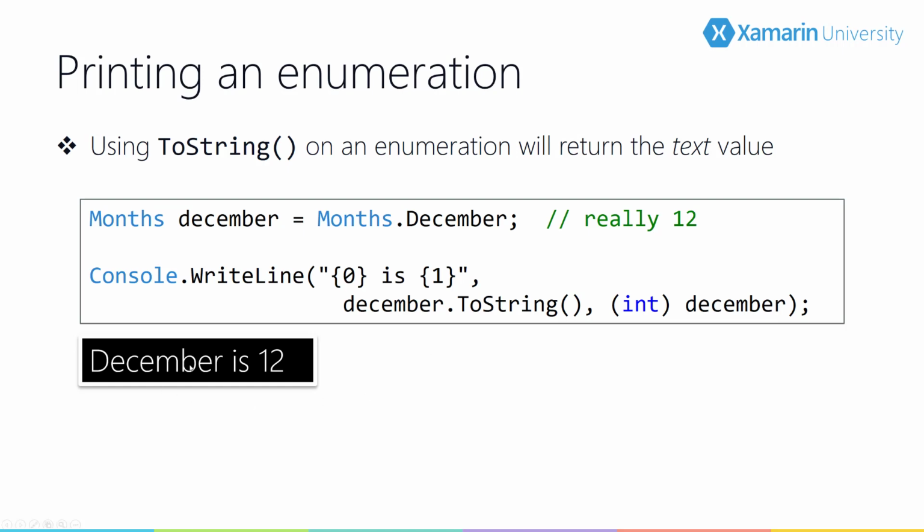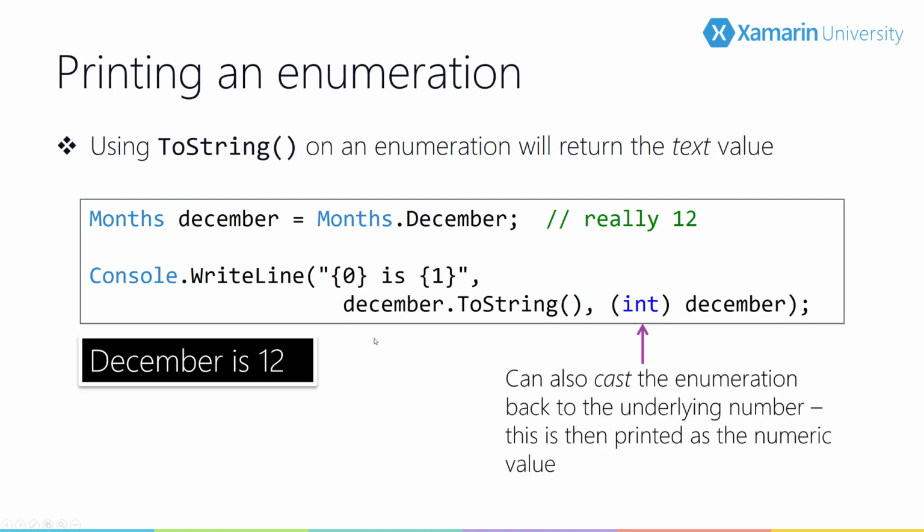So in that case, it would print December. If I cast it, and we really haven't seen this syntax yet, but if I cast it to an integer by putting int in parentheses before the name of the variable, this means get me the integer representation of this. So in that case, it would say 12. So you can print both the string form and the integer form using the cast operator.